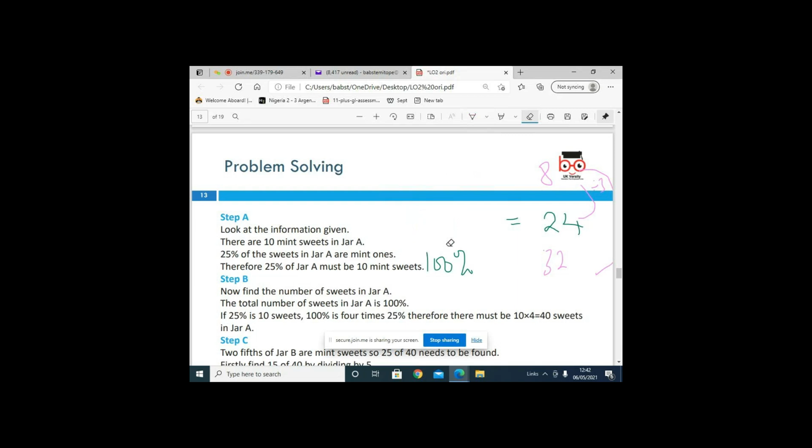So let me give you another one to try. If 80% equals 40, what is going to be 100%? Can you try it?